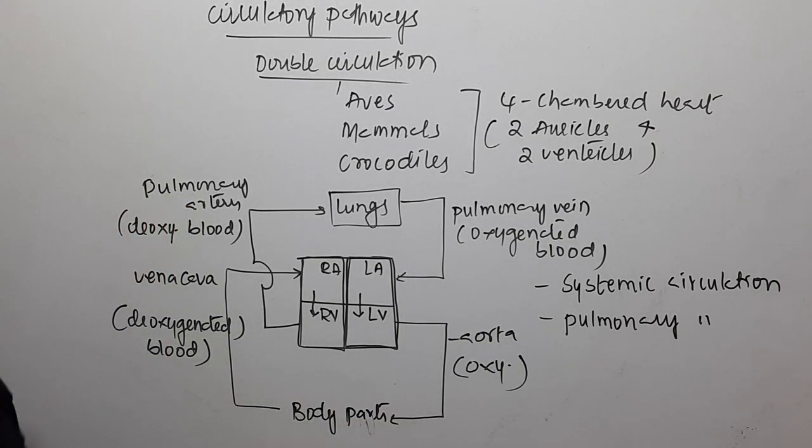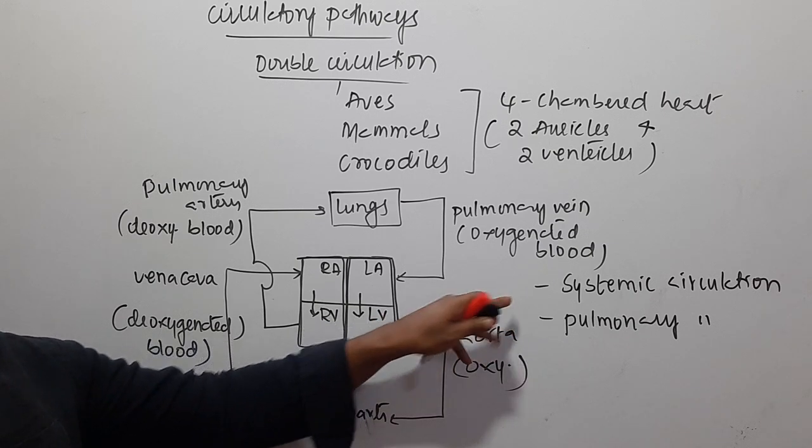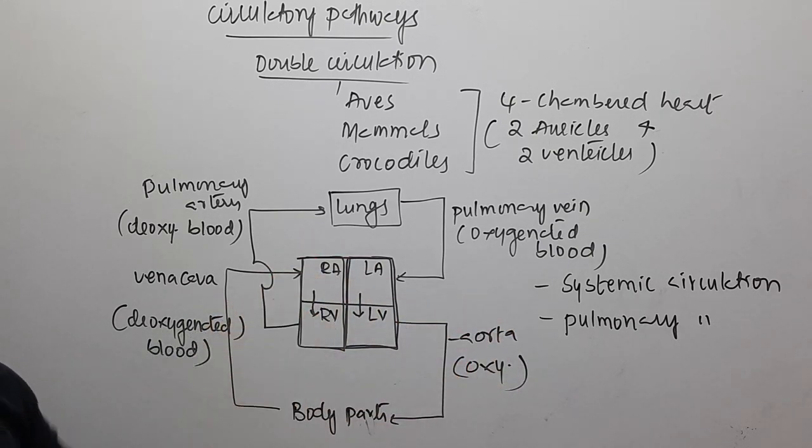When the body parts or the tissues are involved, you have to call it systemic circulation. If it involves the lungs, then it's called pulmonary circulation. Now let's see the path of the systemic circulation and also the pulmonary circulation.